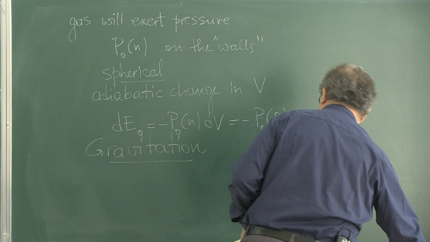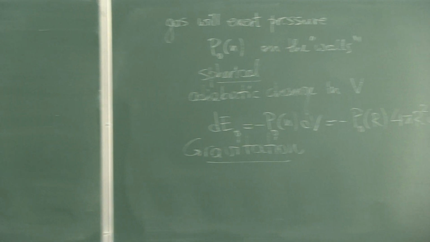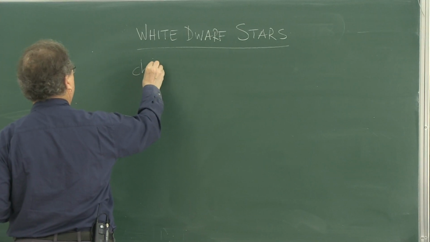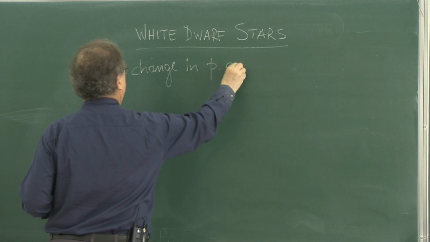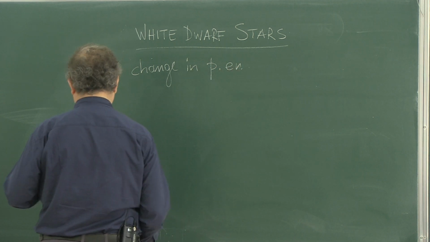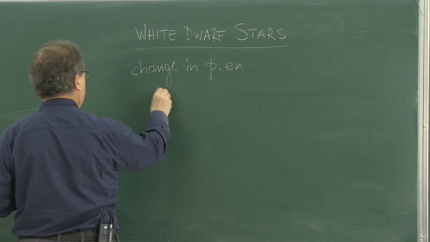Now we have to look at the effect of gravitation that is causing the opposite motion, which is contraction. Expansion is meeting with contraction, so equilibrium will be established. Change in potential energy in this case: what is the potential energy?